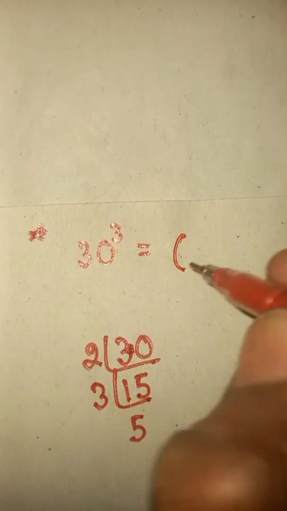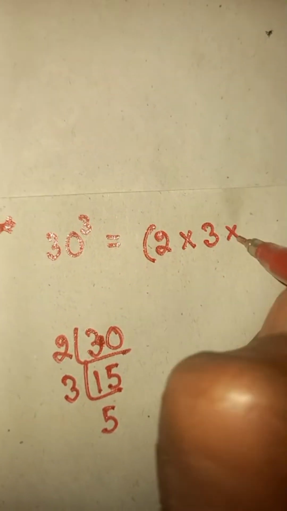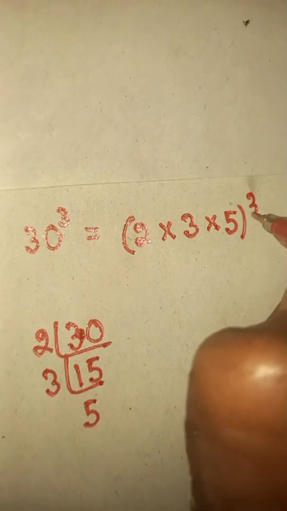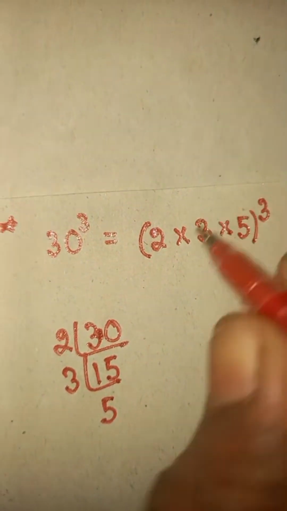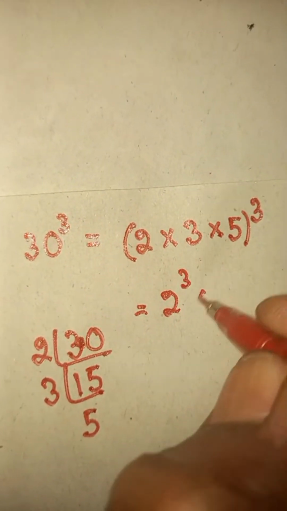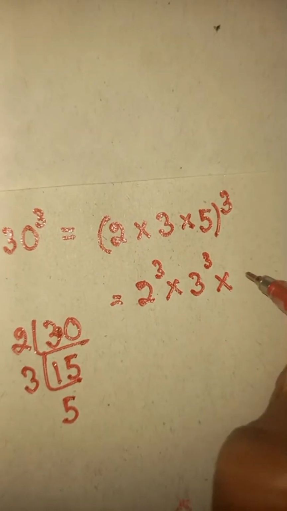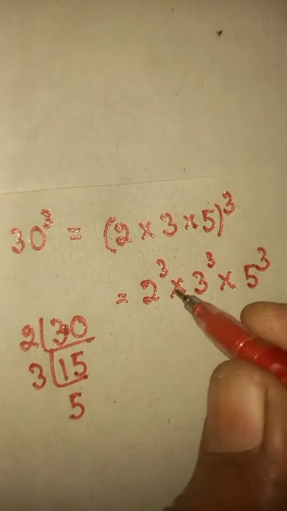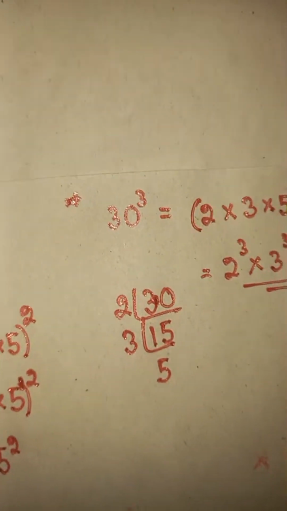So let's write 30 cube as 2 times 3 times 5, whole cube. Now this cube comes to all of them. That is 2 cube, 3 cube, and 5 cube. 2 cube times 3 cube times 5 cube is the simplified form of 30 cube.